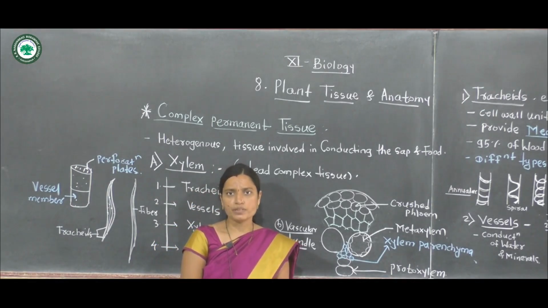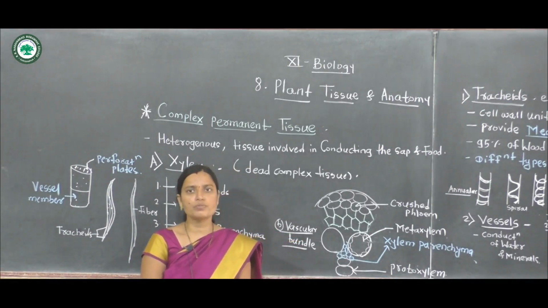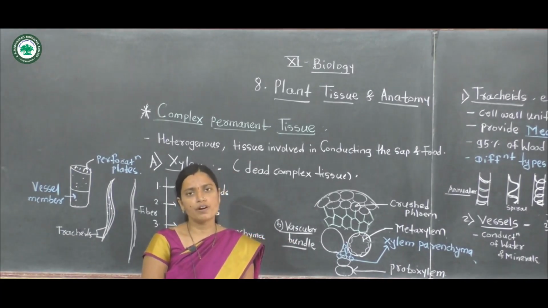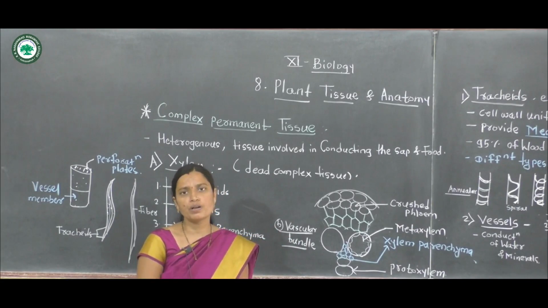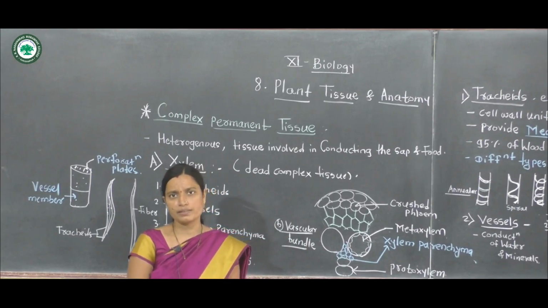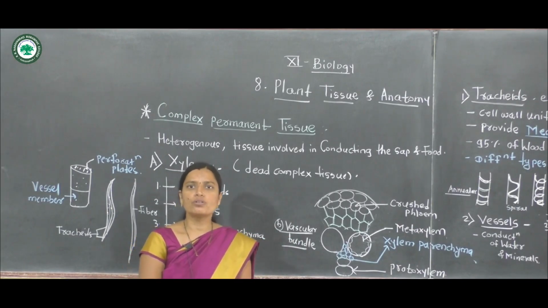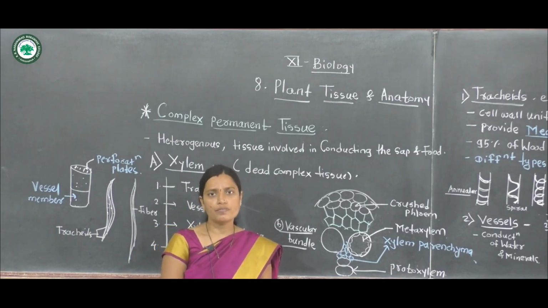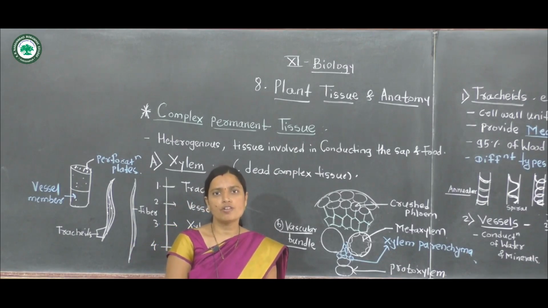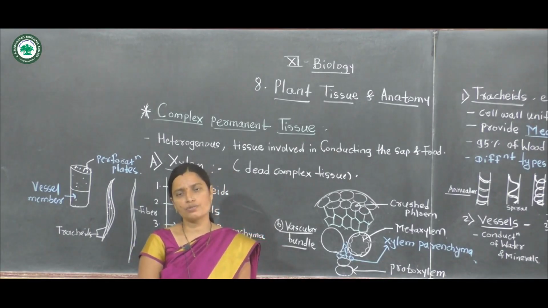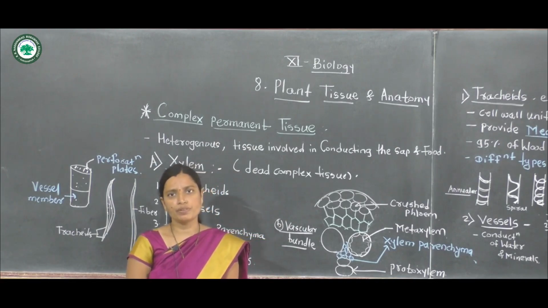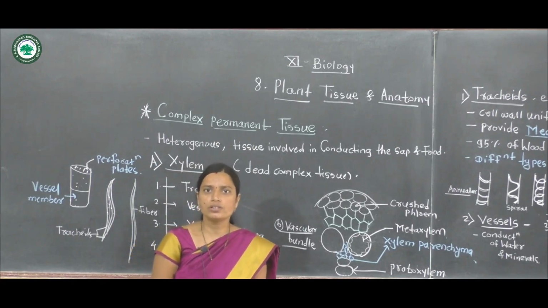The xylem is the most important permanent tissue, found in gymnosperms and angiospermic plants. Tracheids and fibers are important, parenchyma cells are important for storage of food, and the main function of xylem is as a water conducting tissue.